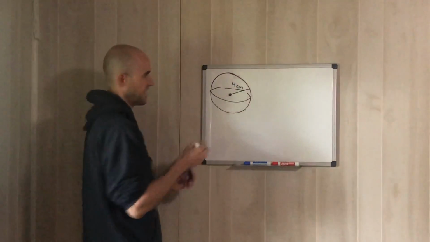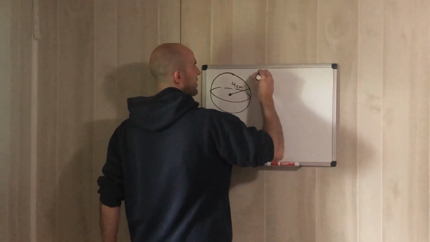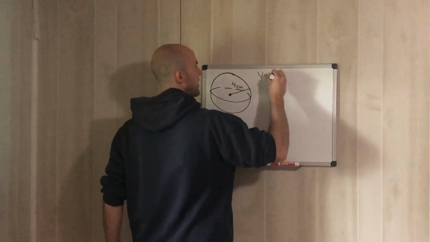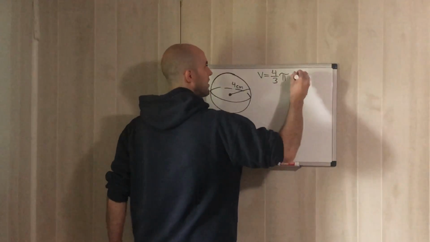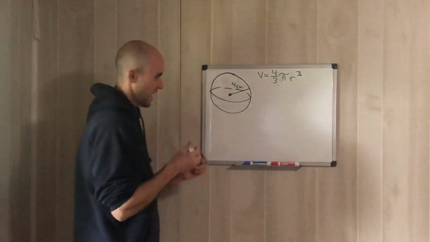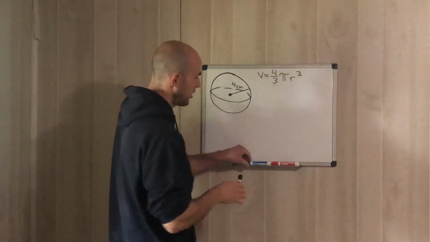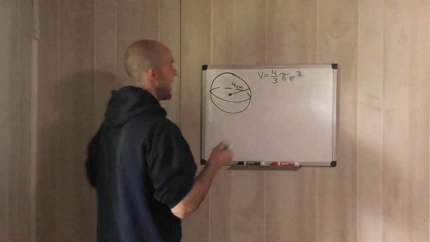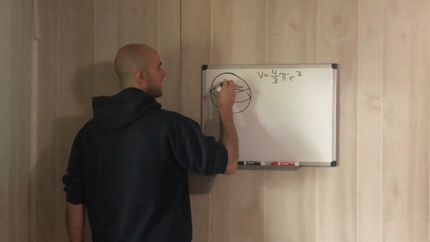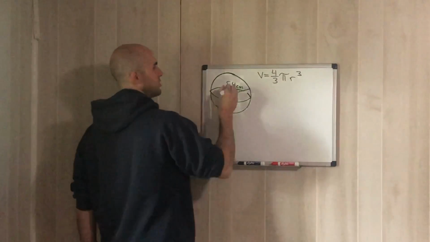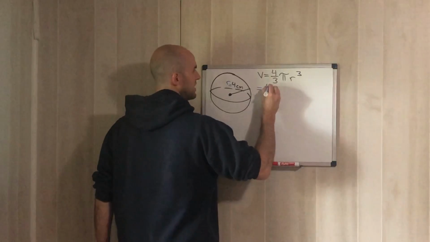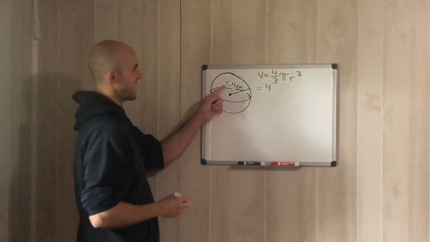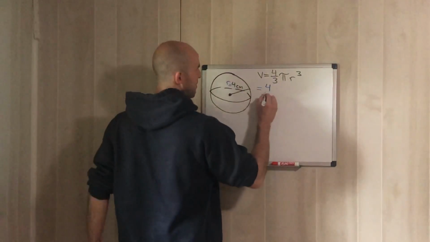So we have 4 centimeters, and we know that the formula for volume of a sphere is going to end up being 4/3 pi r cubed, right? And the only measurement that we can work with in this case is going to end up being the radius. We know that the radius is 4. Right? So once we actually start substituting in, the only thing we can substitute is going to be the 4 for the radius. So everything else, we just rewrite again, right?